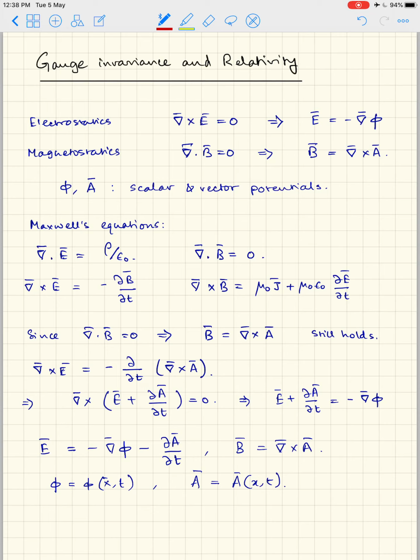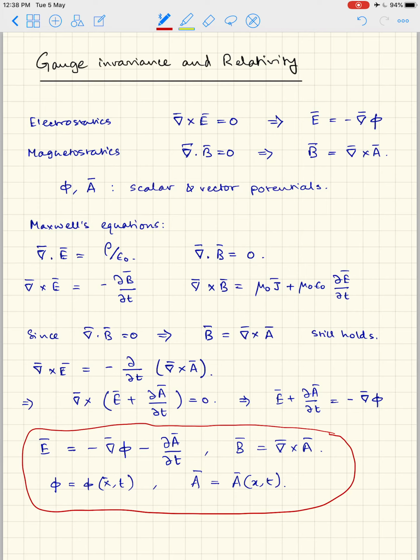But to fit the scalar potential in, you had to do a little more work. Once you did, you could express E and B in terms of the scalar and vector potential. E now had this extra piece, which was del A del t.